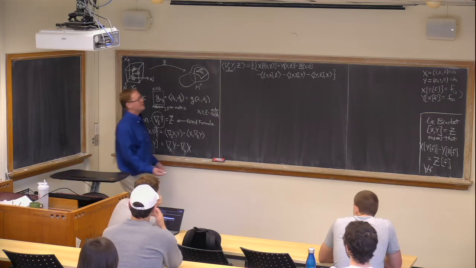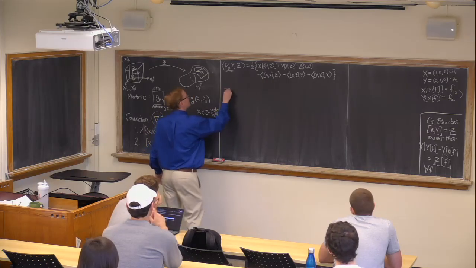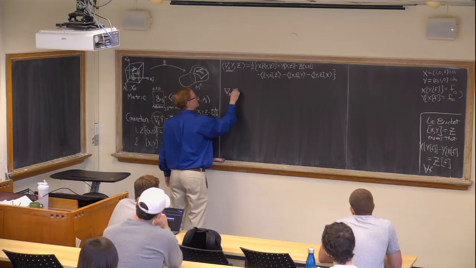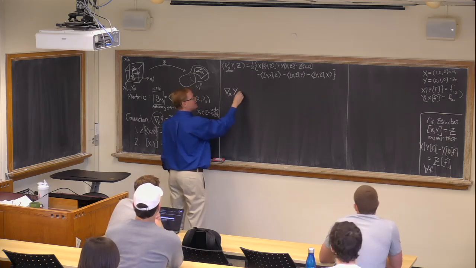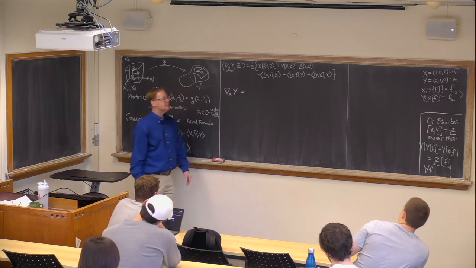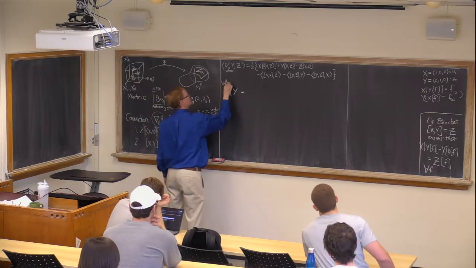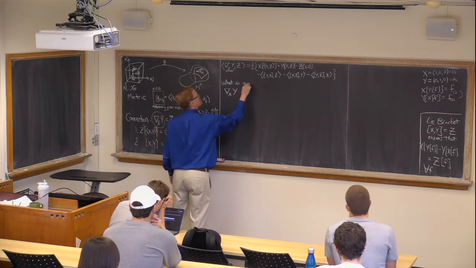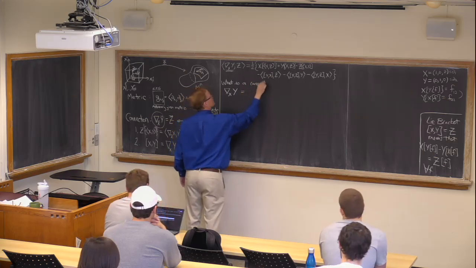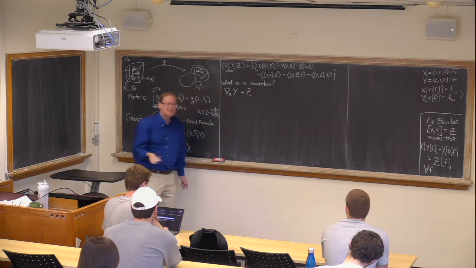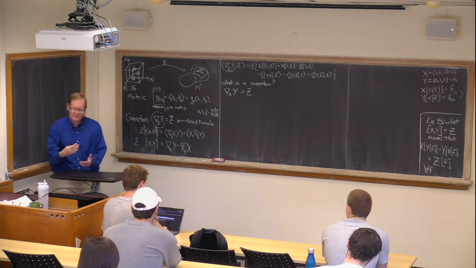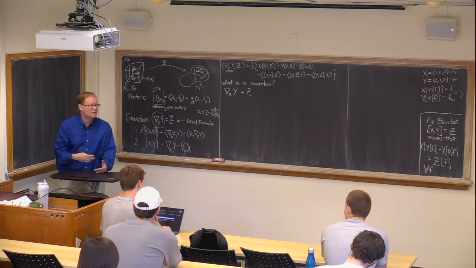Now, that raises the question of what is a connection. A connection is something that takes a vector field and gives you 2 vector fields, right? And it's supposed to be giving you the derivative. So what is a connection? It's kind of funny that I never really said, right? I've suggested it's like a directional derivative of one vector field in the direction of another vector field.